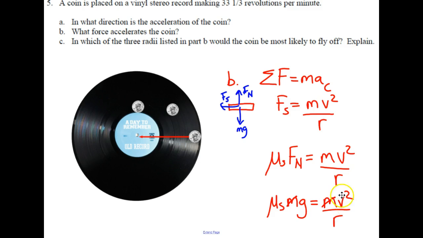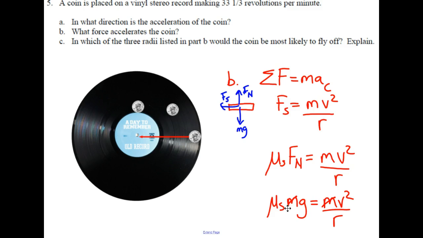Well, the record continues to make 33 1/3 revolutions per minute, and while the radius is changing, that will change the speed. Notice that the speed here is squared. So the thing that's going to make a bigger impact is the speed here, along with the radius of the circular path. So as you get closer towards the center of the circle, as you decrease the radius, more friction would be required.